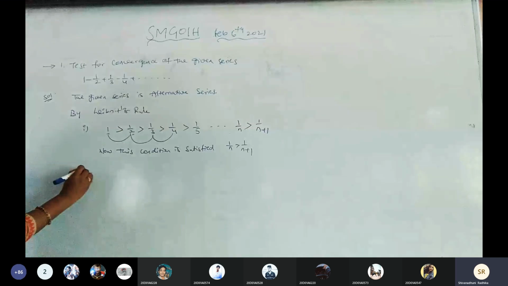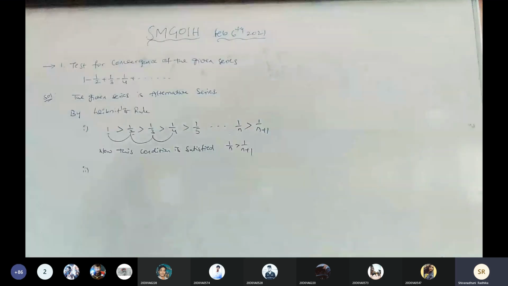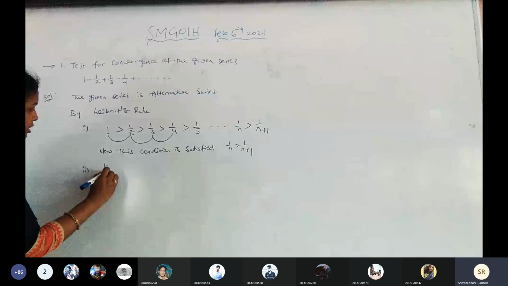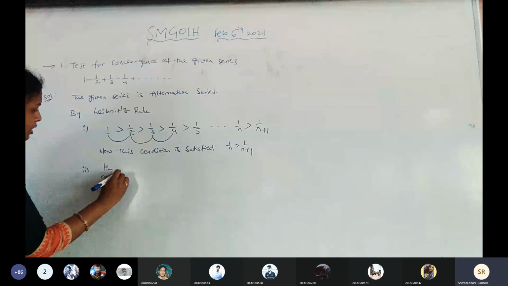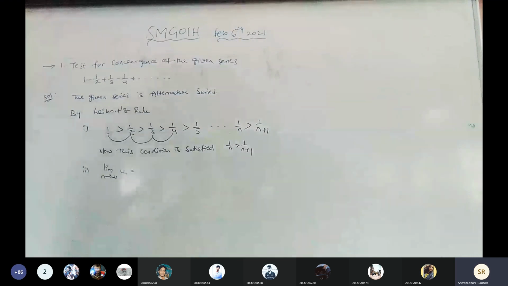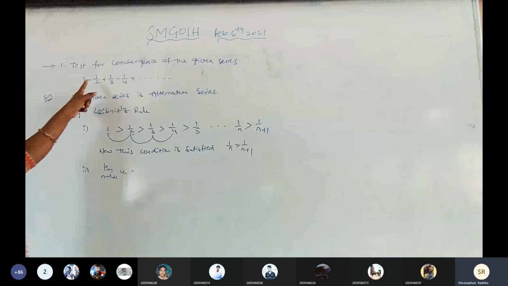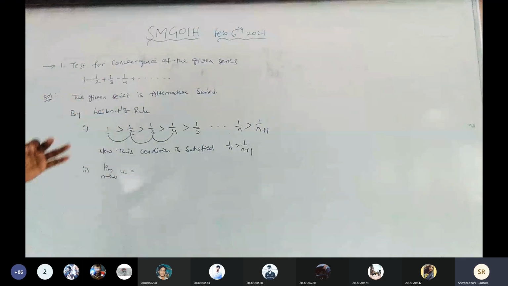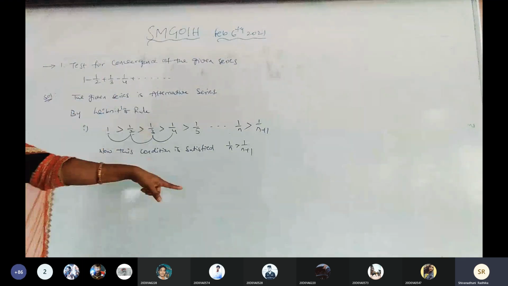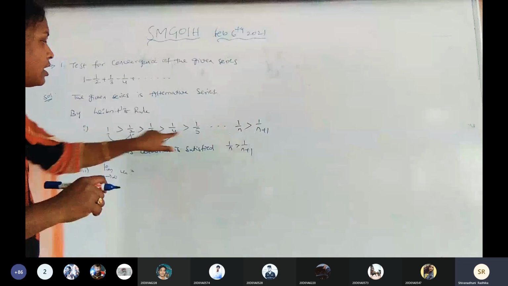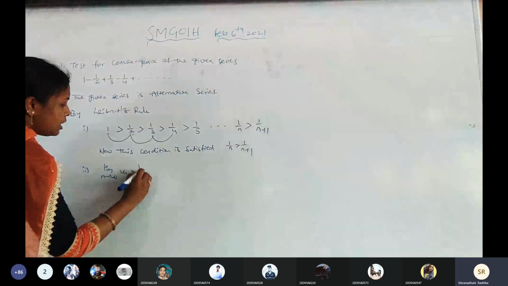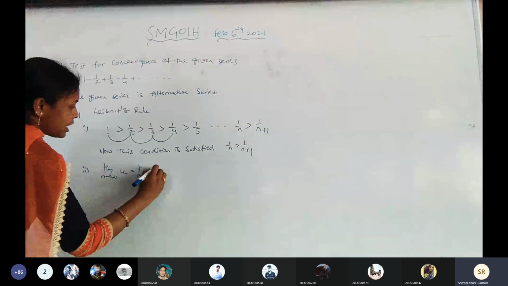Now we go for the second condition. What is the second condition? When we apply the limit as n tends to infinity to the nth term, without considering the positive or negative sign, I take only the nth term. What is the nth term here? 1 by n. Now limit n tends to infinity of 1 by n.